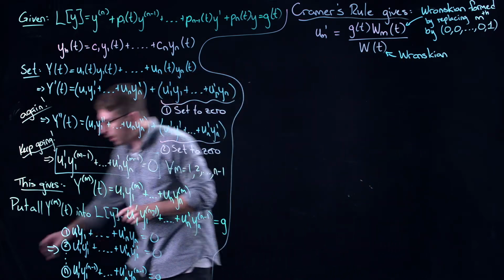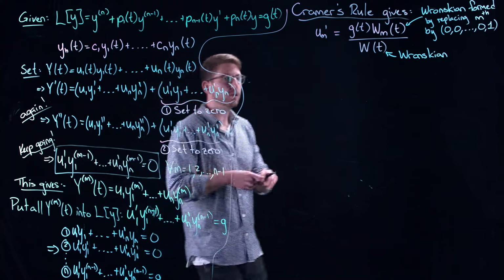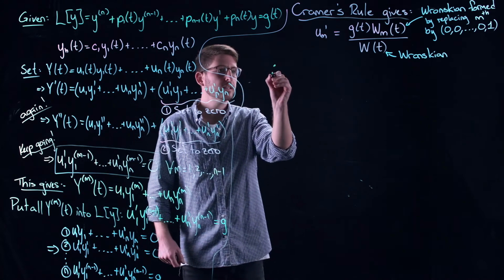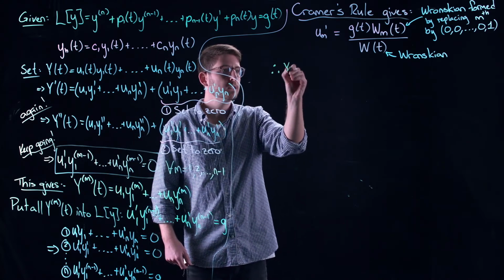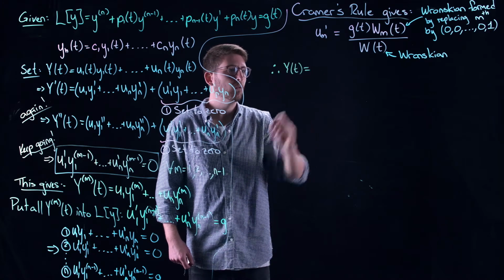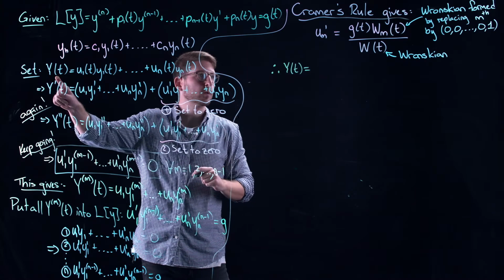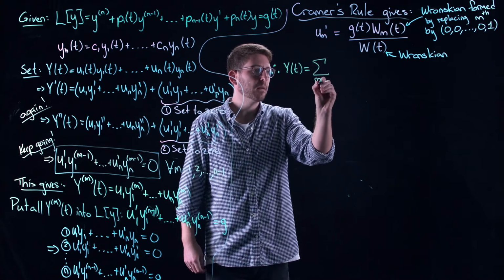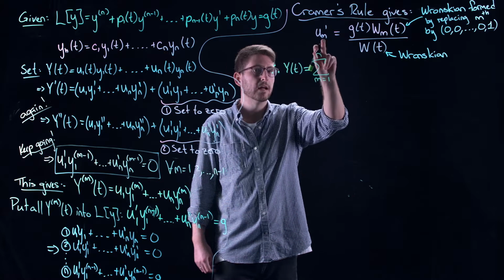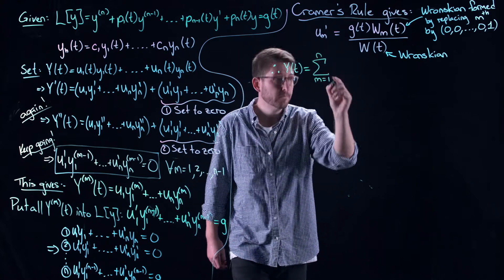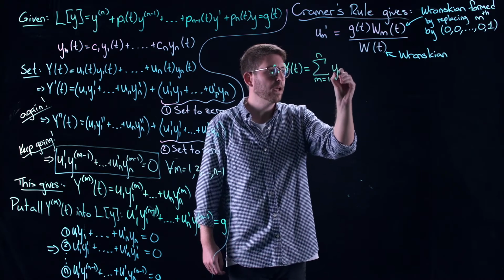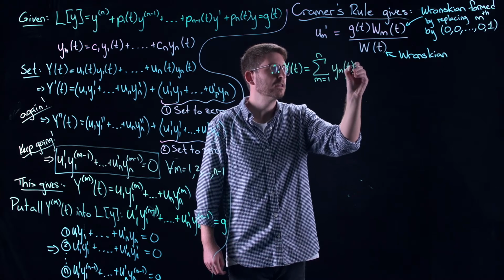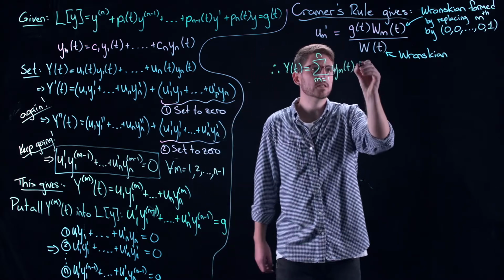And so what all of this gives you, when you wrap it all back up, is that the specific part of y, that's where we started with this, is equal to the sum of m equal to 1 to n, that's my indices that I'm running over here, of ym of t times, and all I need to do is integrate this thing.